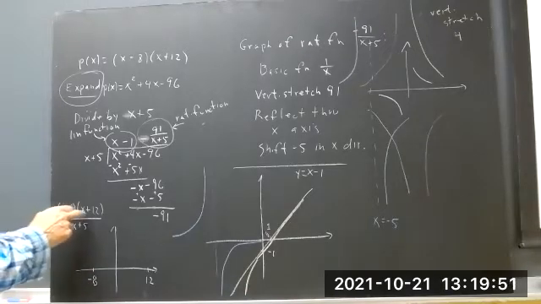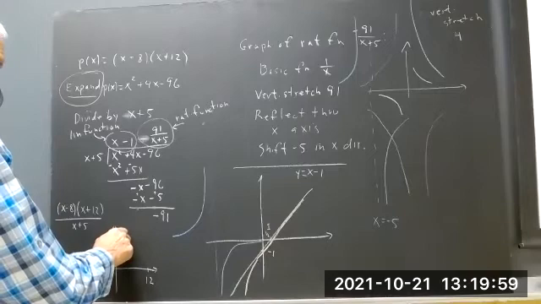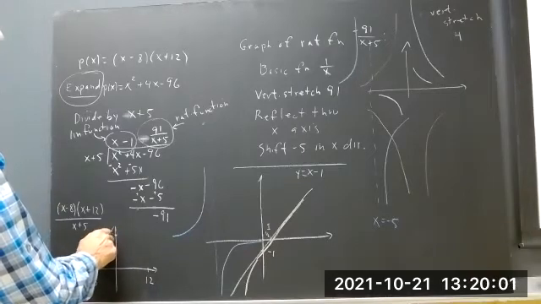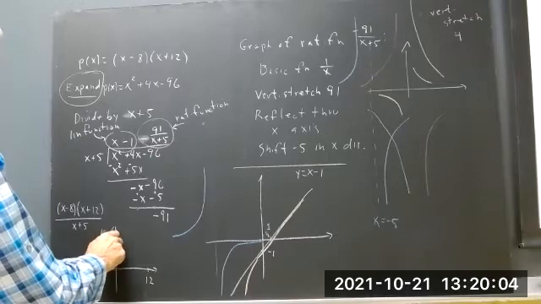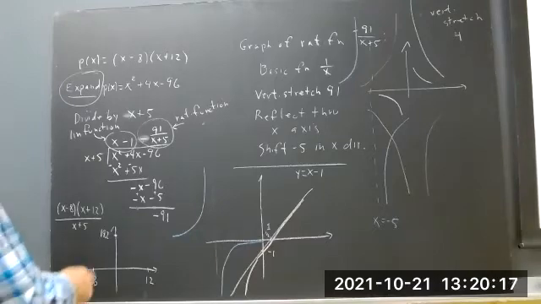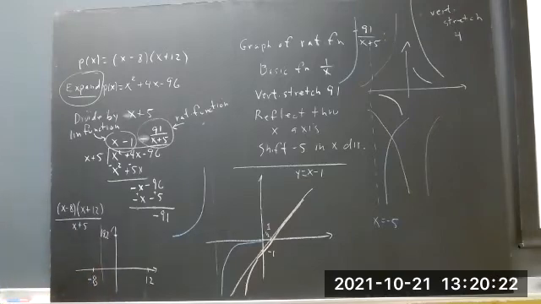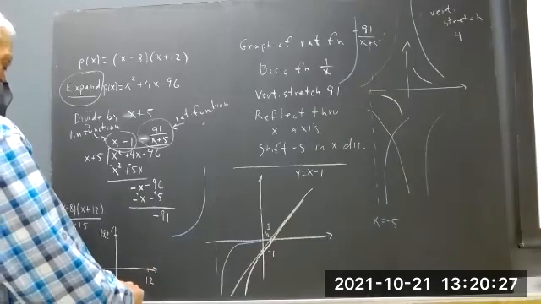The y-intercept would be negative 8 times 12, which is negative 96, divided by 5, which is negative 19 and a fifth, so that's about negative 19. Intercept at x equals negative 5.